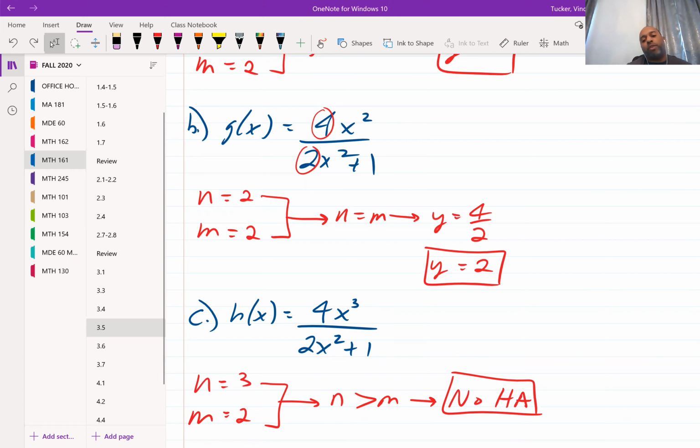So n is greater than m, so it means no horizontal asymptote. All right. Question before we look at the last one.